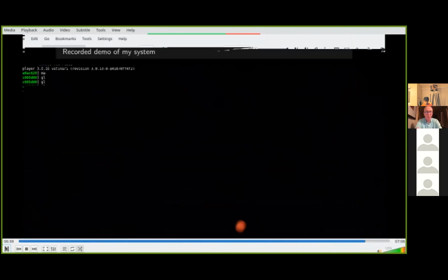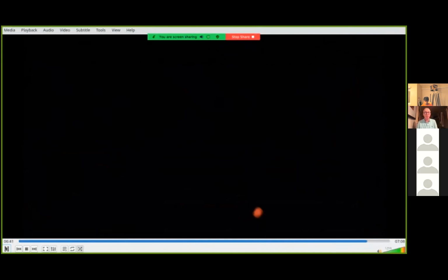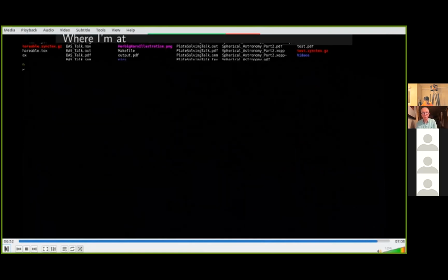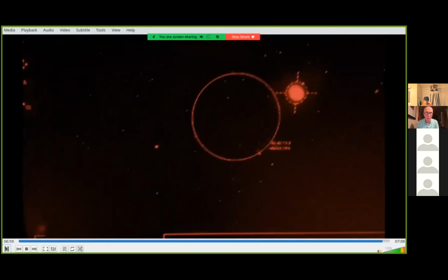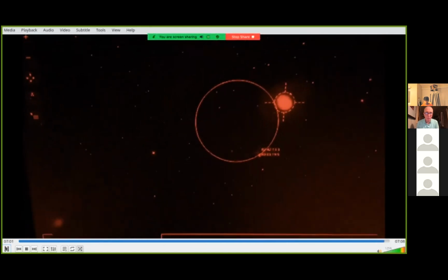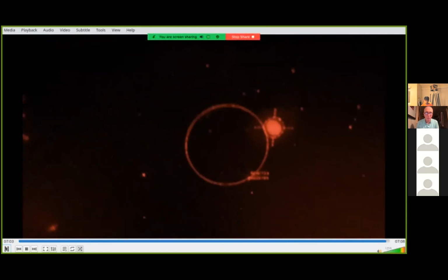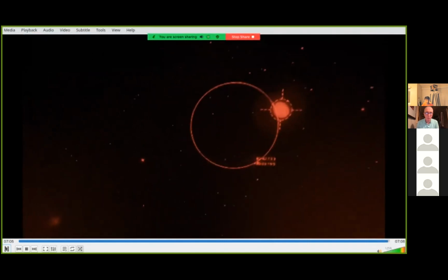So I'm just going to bring it in from 6 o'clock, and there's the object. It's right there. And now let me center it to show you that the solving is sensitive to that kind of difference. So I have now centered it in my eyepiece, and once the solver hits again, it should show it pretty close to center.